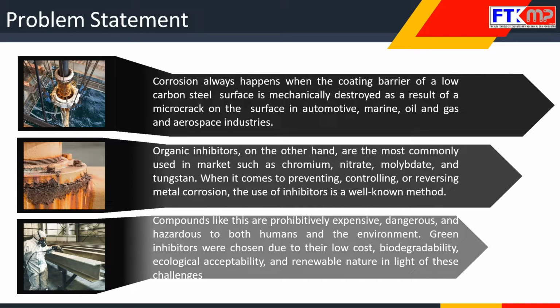Inorganic inhibitors, on the other hand, are the most commonly used in markets, such as chromates, nitrates, molybdates, and tungstates. When it comes to preventing, controlling, and reversing metal corrosion, the use of inhibitors is a well-known method.